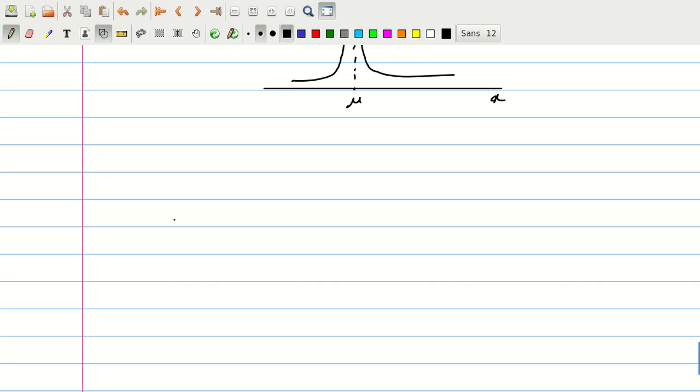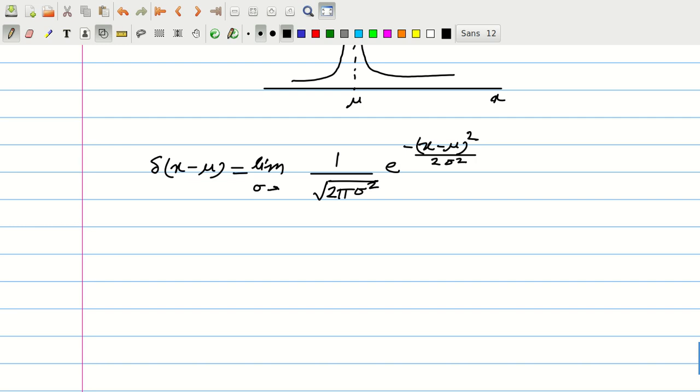Specifically, it can be written mathematically as delta of x minus mu equal to 1 over root 2 pi sigma squared times exponential of minus x minus mu whole square upon 2 sigma square, in the limit as sigma tends to 0.